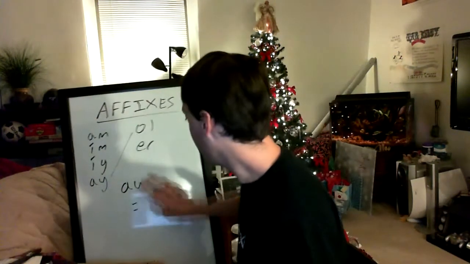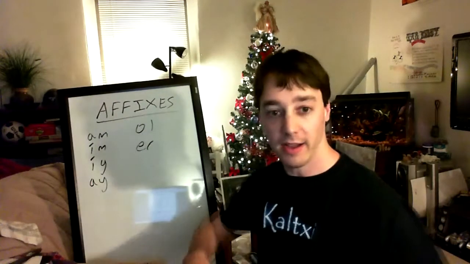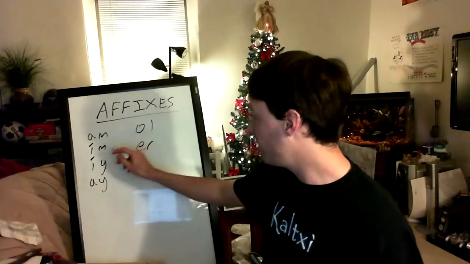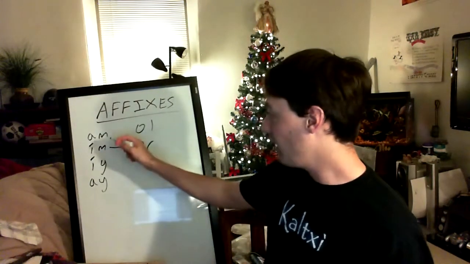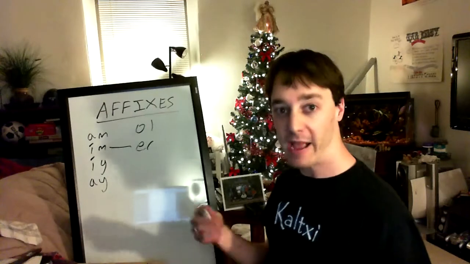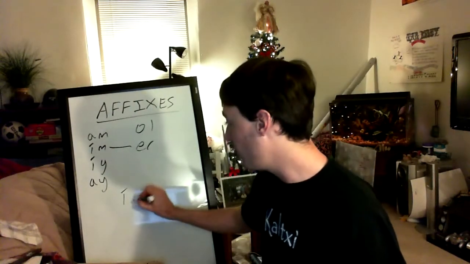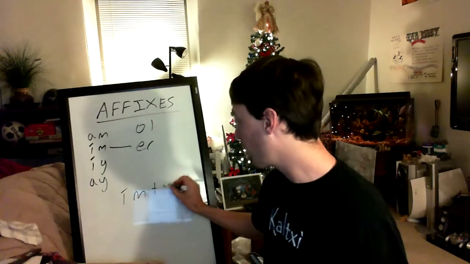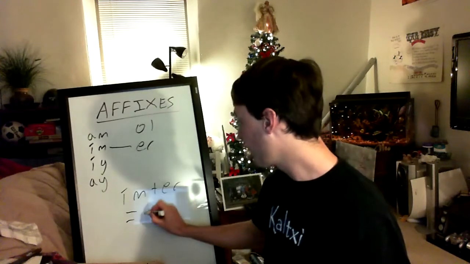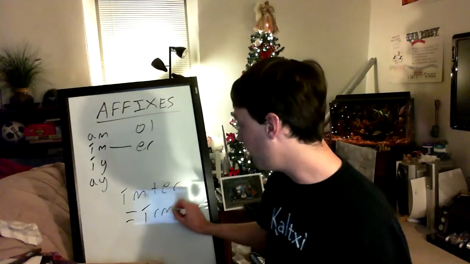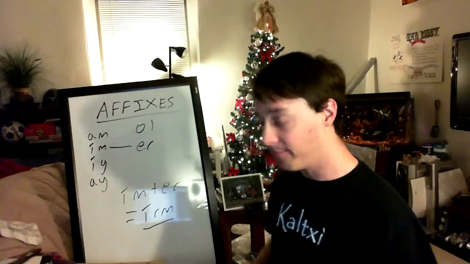So let's do another one. We have the recent past tense combined with the imperfective. So we have im plus er, and this equals irm.